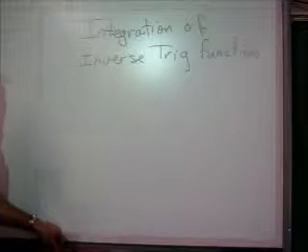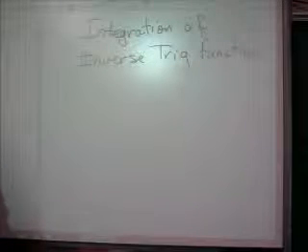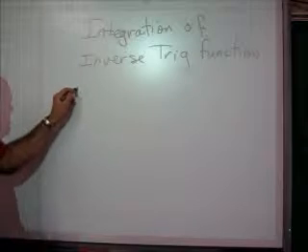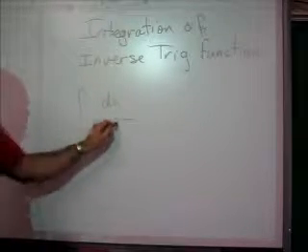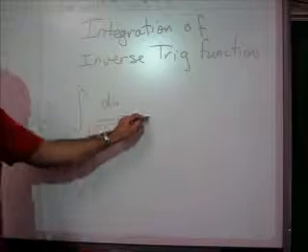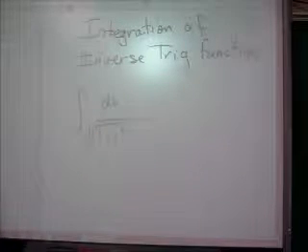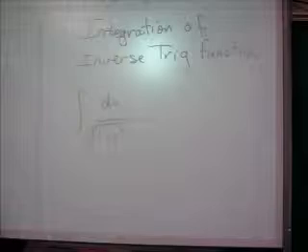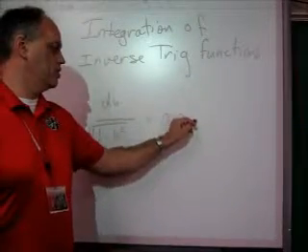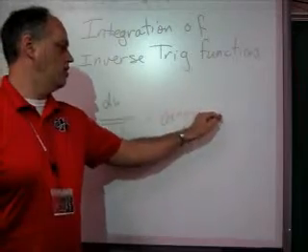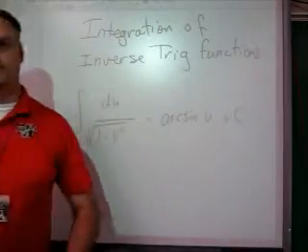And so in calculus we only define 3 things instead of 6 like we did in derivatives. For instance, the integral of du over the square root of 1 minus u squared, it doesn't matter if it's positive or negative, will always just be the arc sine of u plus c.